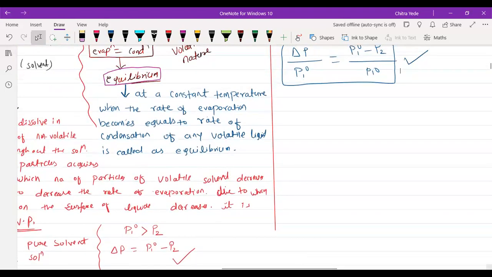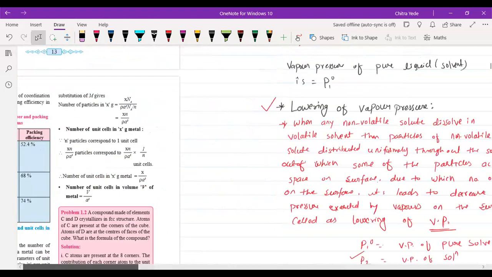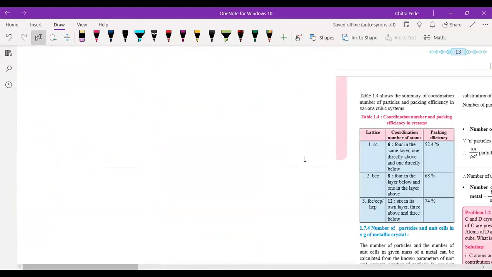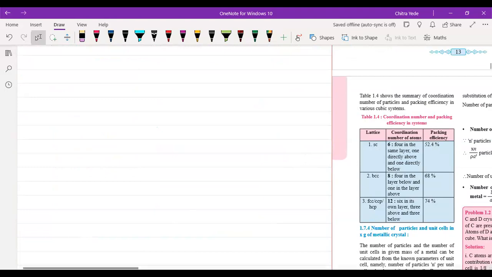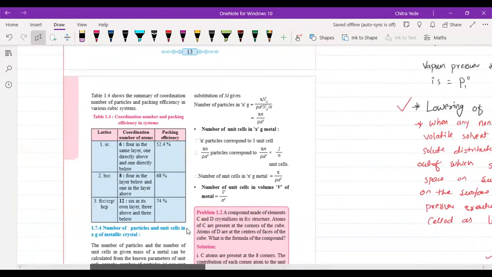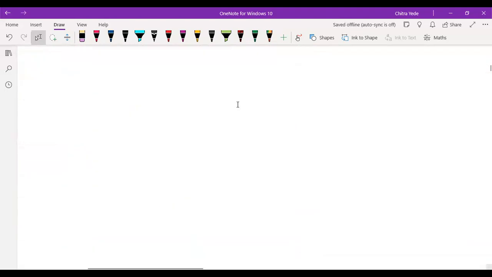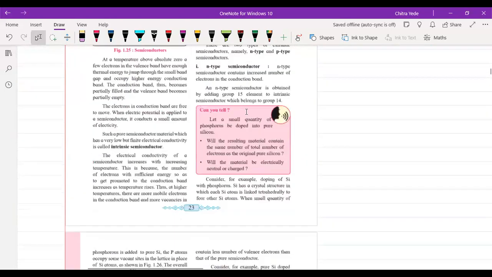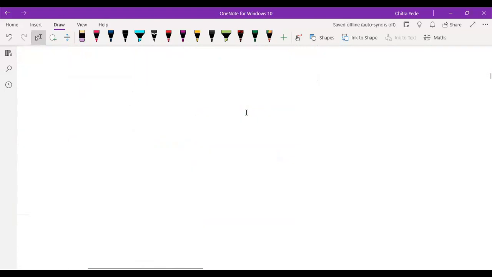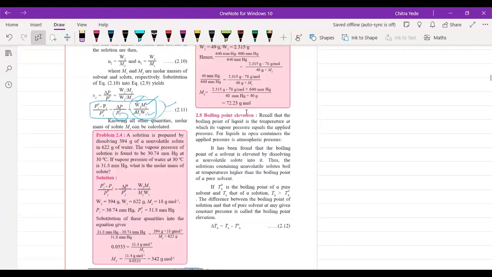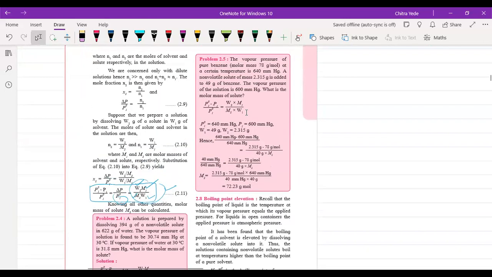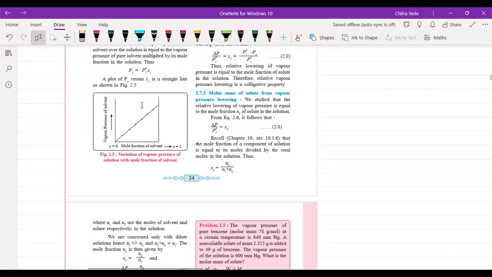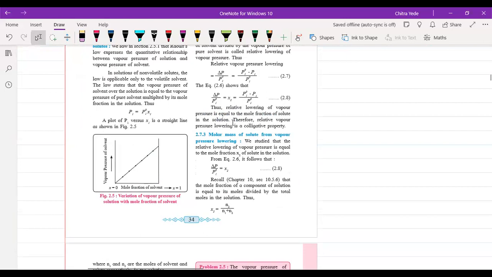Okay, let's check what is left in the notes. Wait, let me check. Chapter is Solutions. Lowering of vapor pressure.